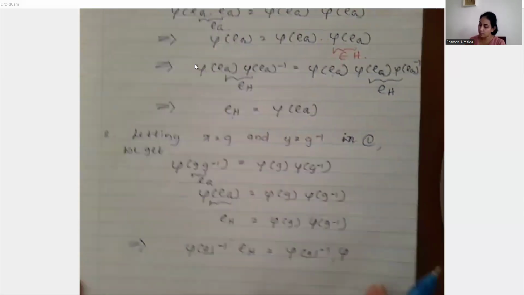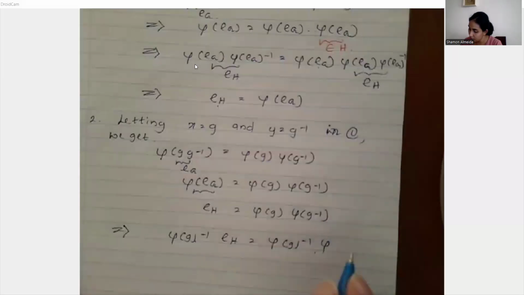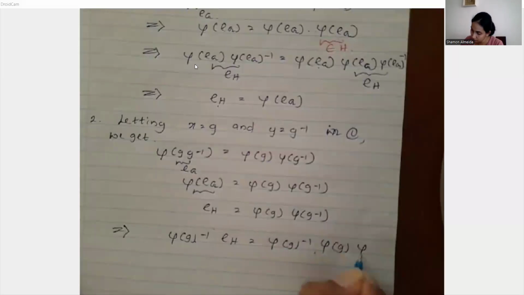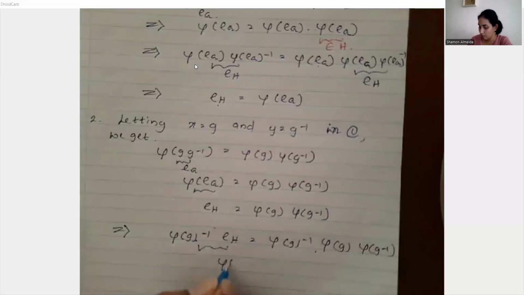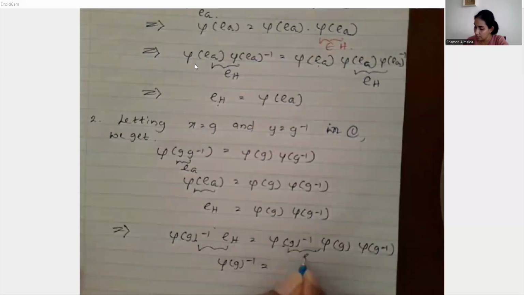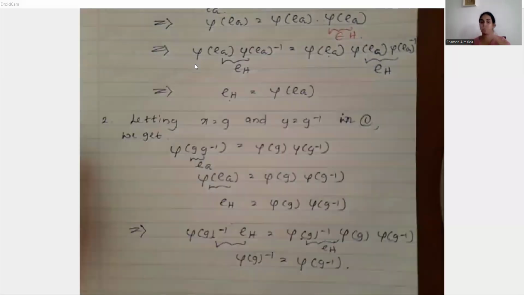Over here, it will simply be phi of g inverse, right? And this giving you the identity over H, identity times the element, you get the element itself. Exactly what we wanted to show.